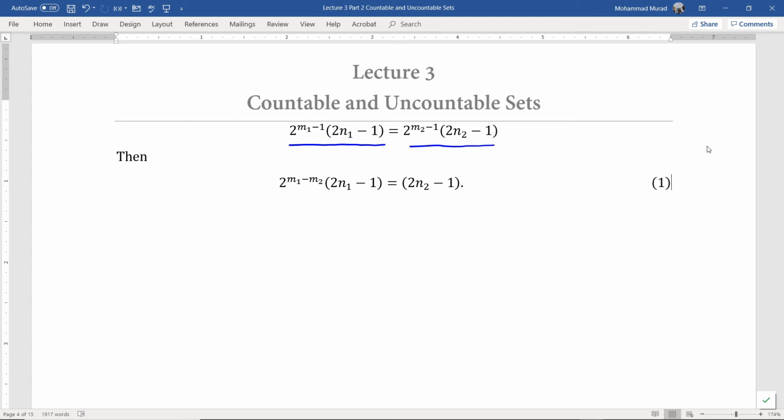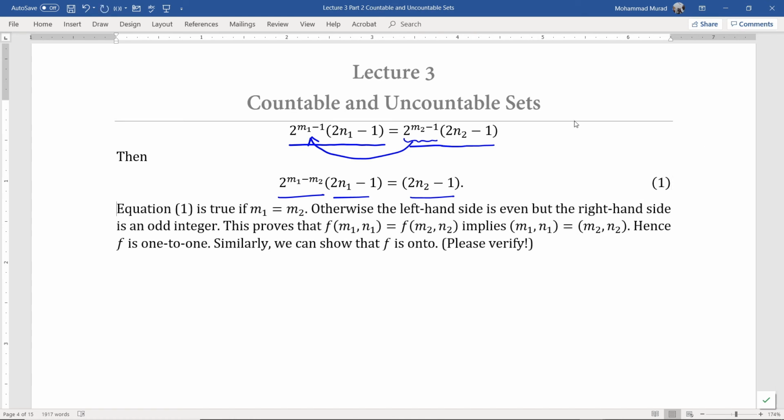Now, if we transpose this factor to the left-hand side, we obtain the factor 2 to the (m1 minus m2), and we have the other two factors as they were in the previous equation. So this is equation 1.